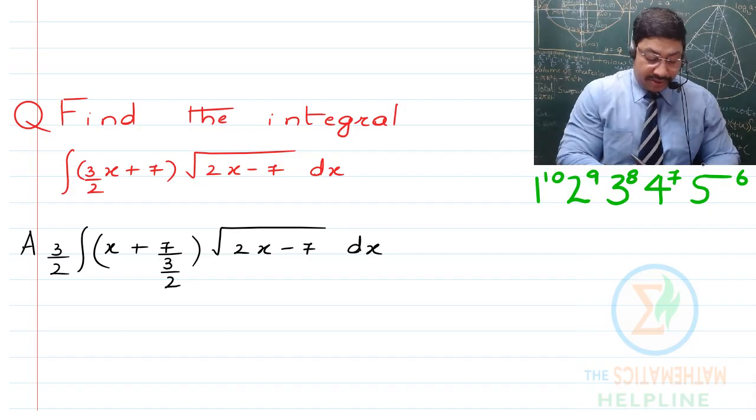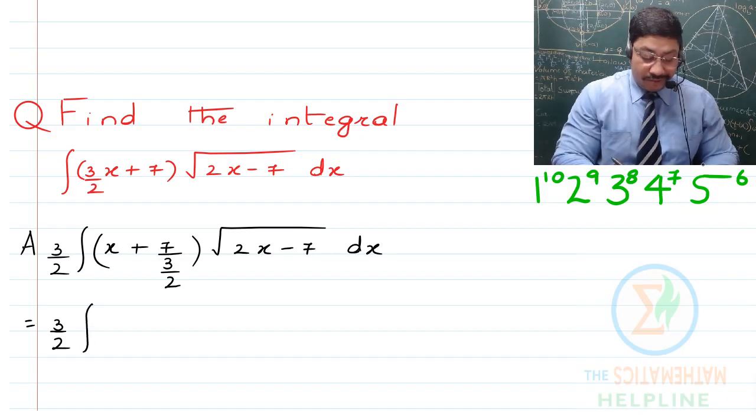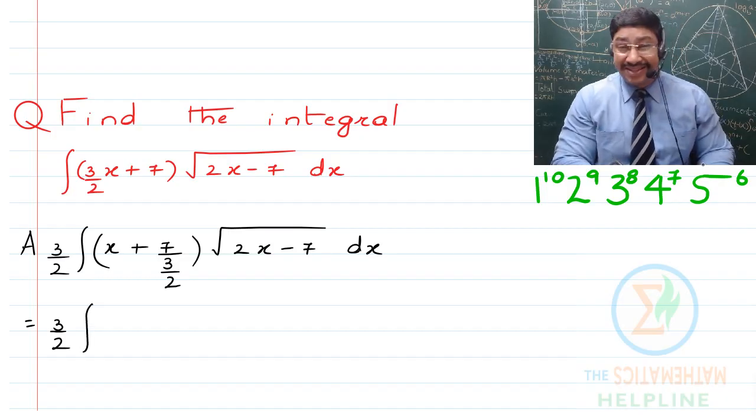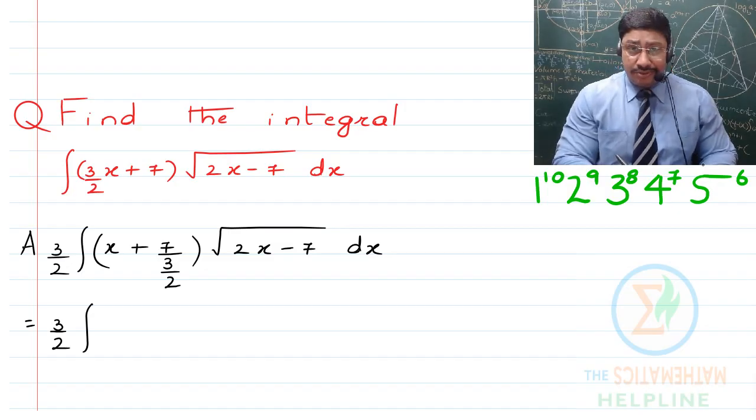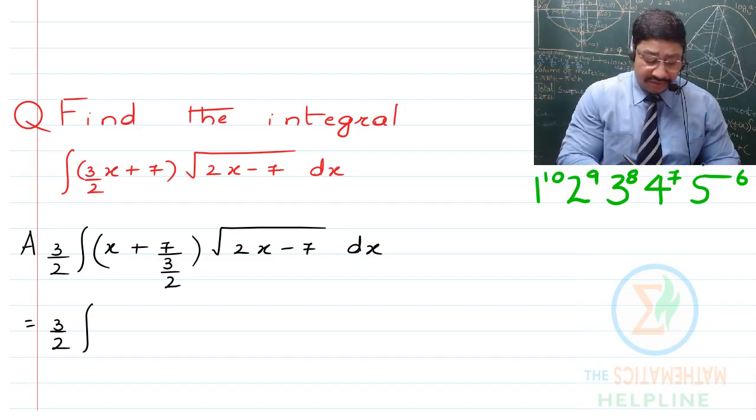Now in the next step, what we can do is we still have this 3 upon 2 outside. So inside, children, what we can do is we can develop this 2x by multiplying by 2. Obviously then you will also have to divide by 2, so we divide by 2 and now multiply this expression by 2.